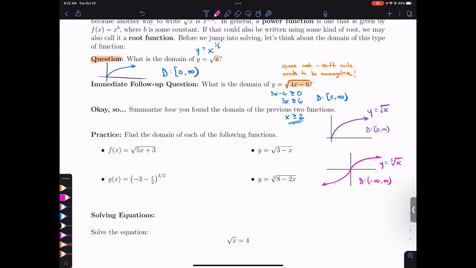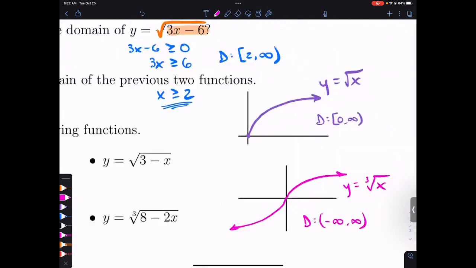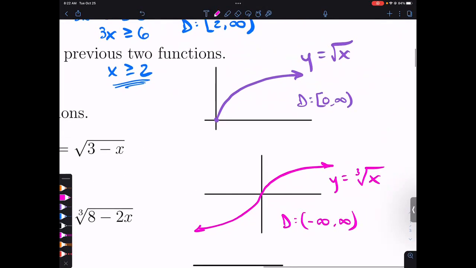And then actually do it. Again, the main thing to keep in mind is that even roots are going to be restricted like this, a half infinite thing, because it doesn't exist elsewhere, because the stuff underneath would be negative. Odd roots don't have that same problem. And of course, look at the graph and use all that to think through finding the domain.